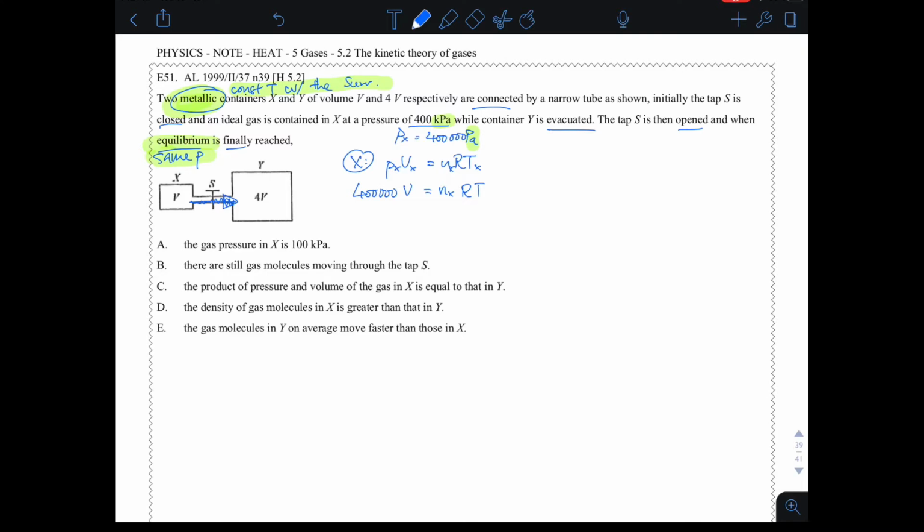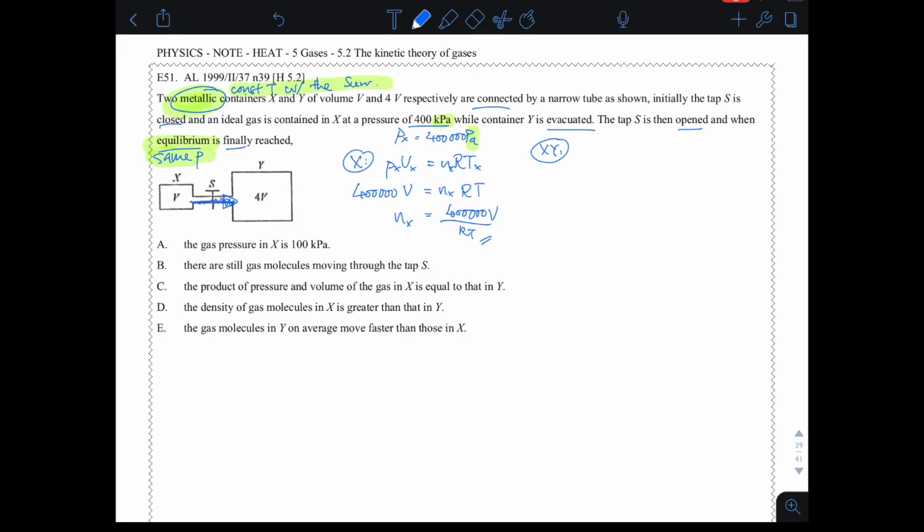So now we have T as the temperature. Then Nx will be equal to 400,000 V over RT. And then we will talk about the equilibrium state.